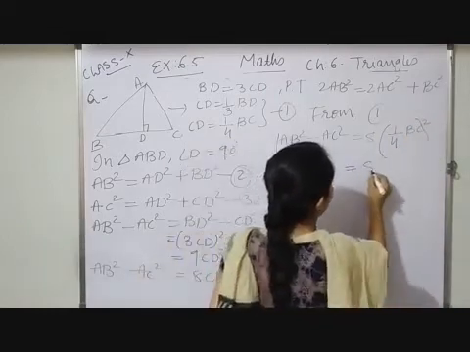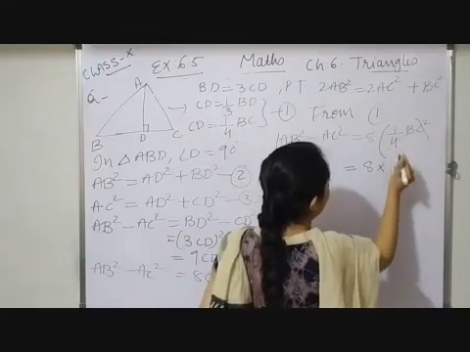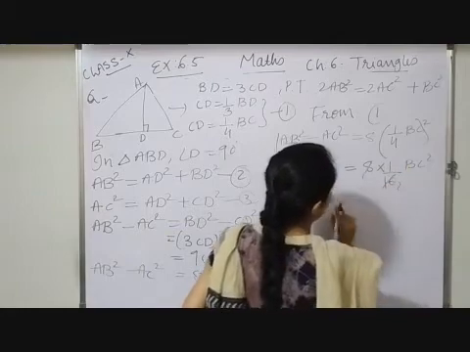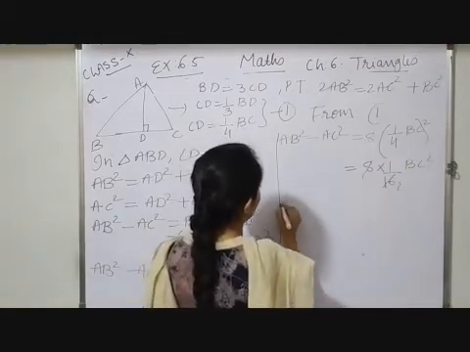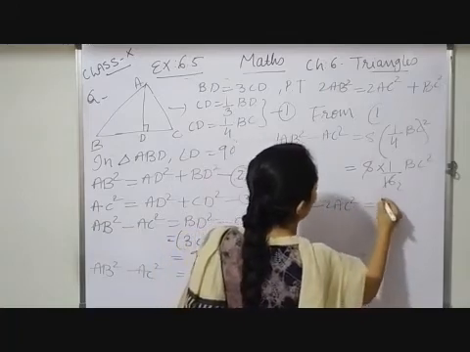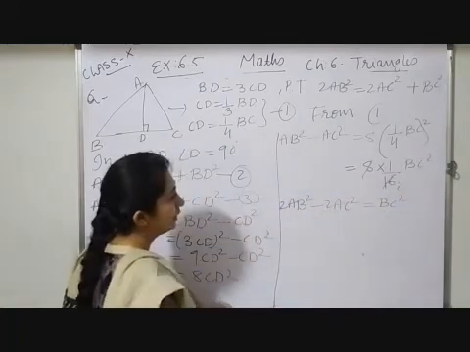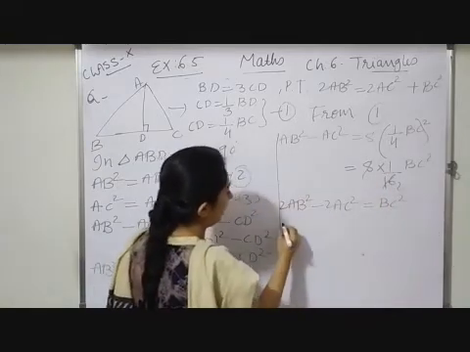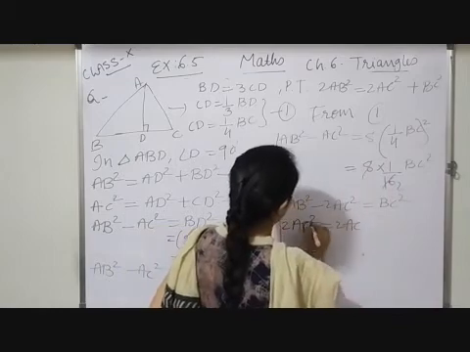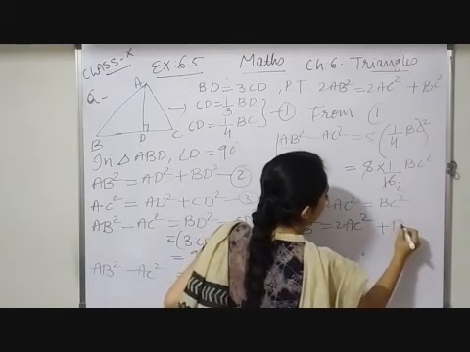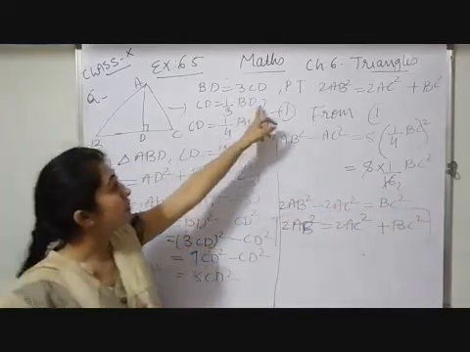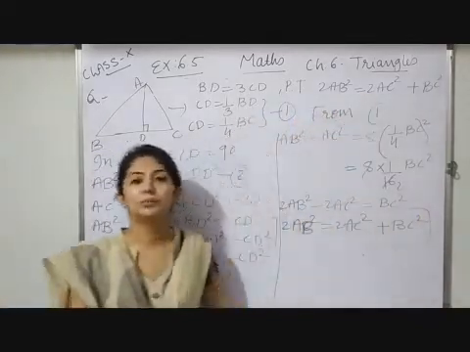If I simplify, 8 into 1/4 square will be 1/16 BC square, 8 by 16, so 1/2. If I multiply these two, I will get 2AB square minus 2AC square equals BC square. This 2AC square if I shift here, 2 times AB square equals 2 times AC square plus BC square. Now observe, this is what we had to prove, hence proved.